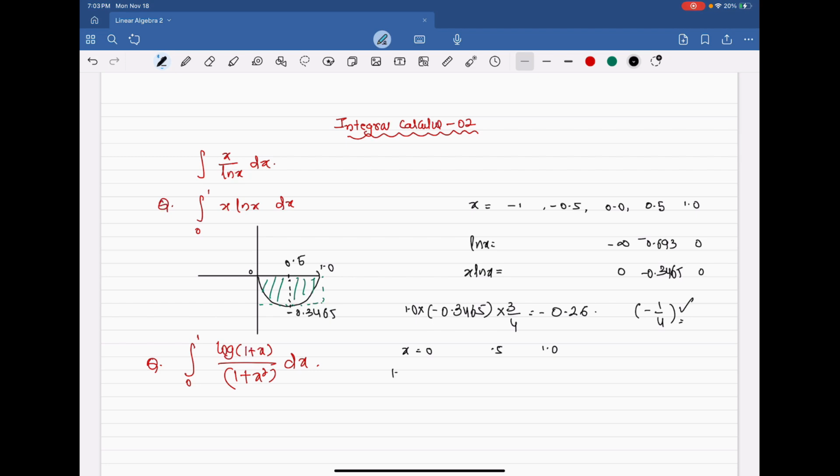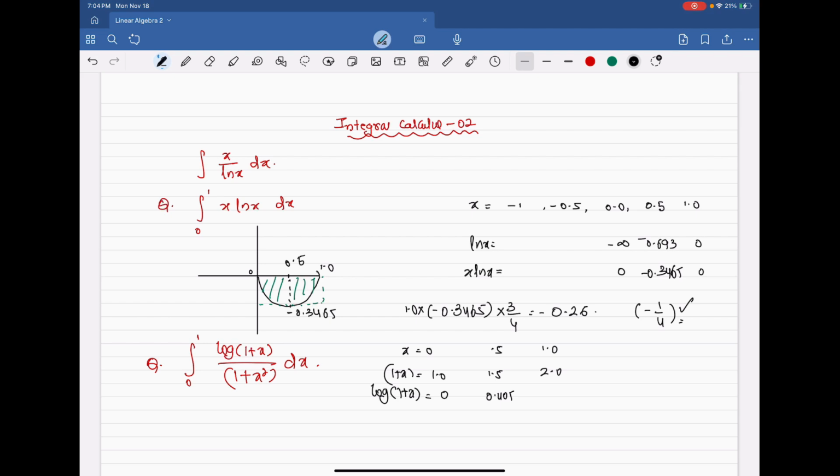Then what is the value of 1 plus x? This is 1, this is 1.5, this is 2. Then what is the value of log 1 plus x? Wherever I call log, it is natural logarithm to the base e. This is equal to 0, this is equal to 0.405. I have already told you, remember the values of ln x.